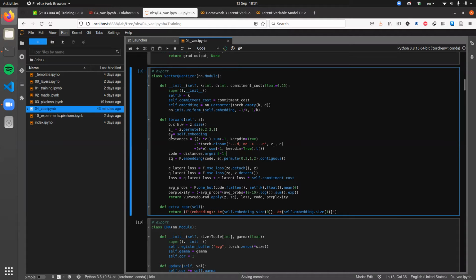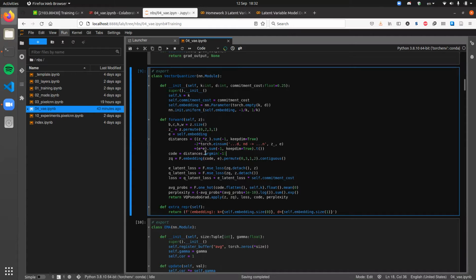This distances matrix will have the dimensionality of z by k, essentially, which is a dimensionality of e here.